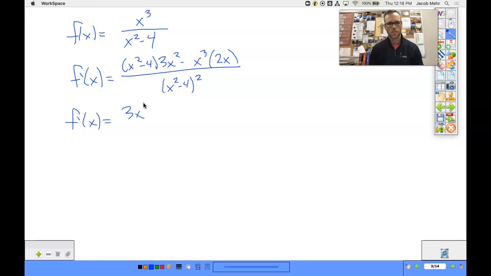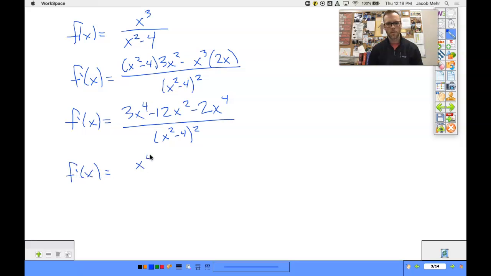Let's distribute. And we do have some like terms up there in that numerator. X to the 4th minus 12x squared.